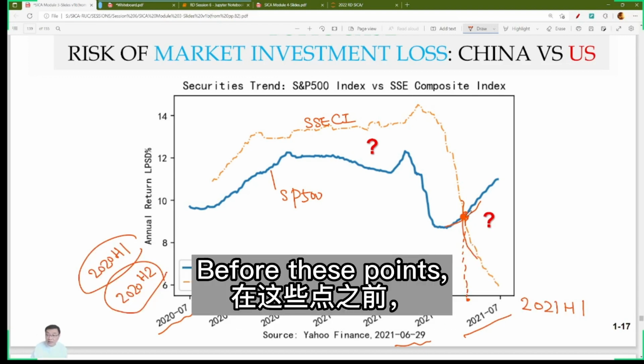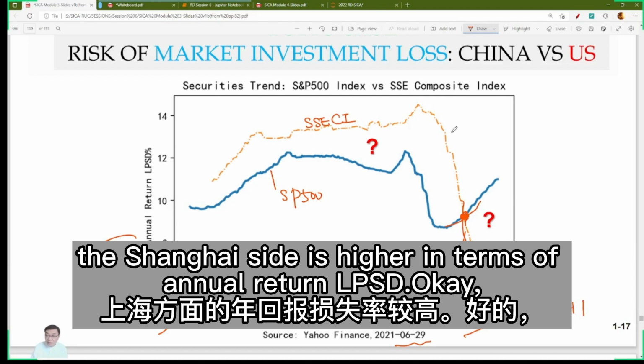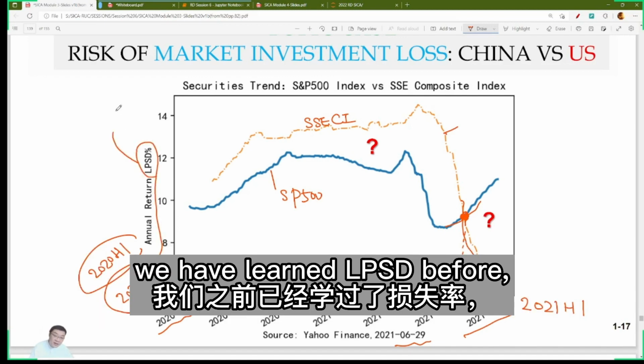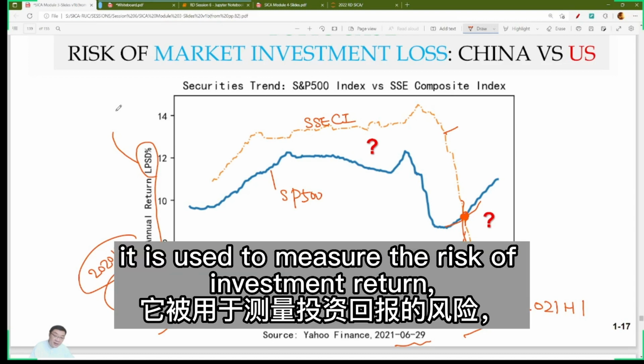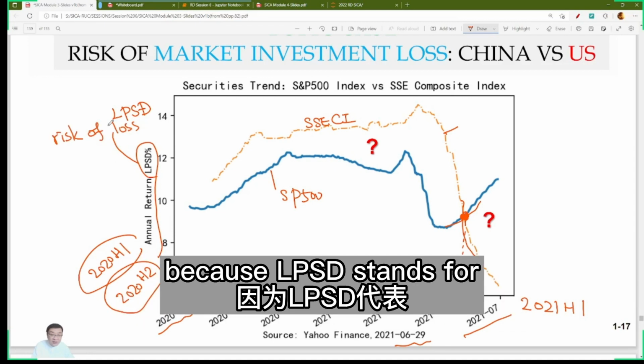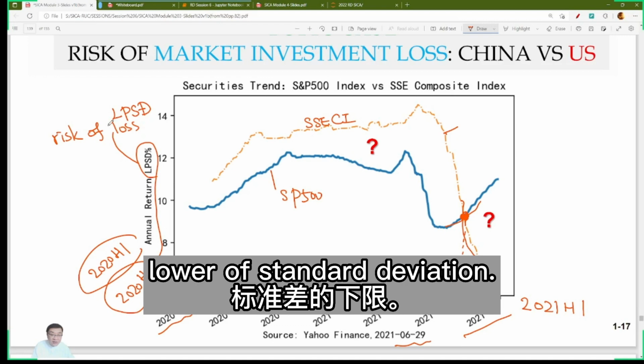Before this point, the Shanghai side is higher in terms of annual return Lpsd. Okay, we have learned Lpsd before. It is used to measure the risk of investment return, because Lpsd stands for, again, lower partial standard deviation.